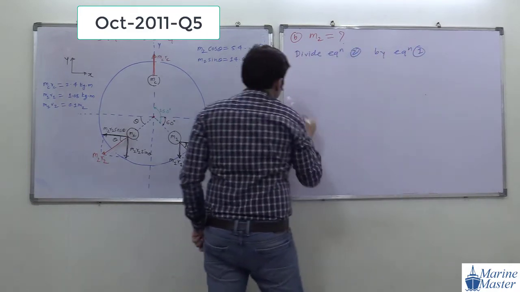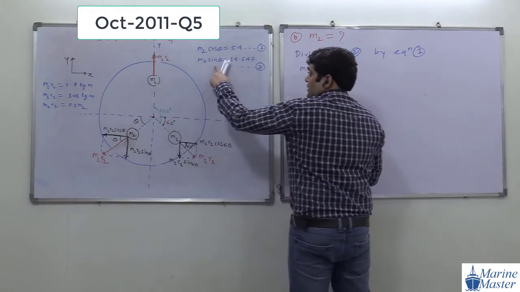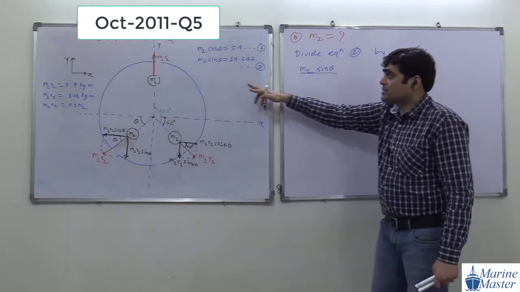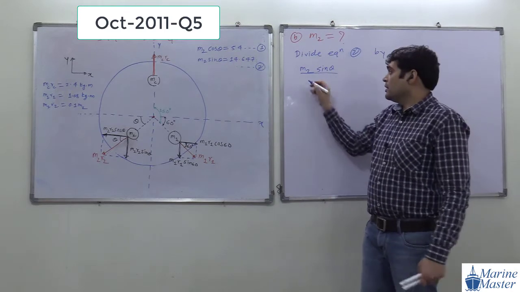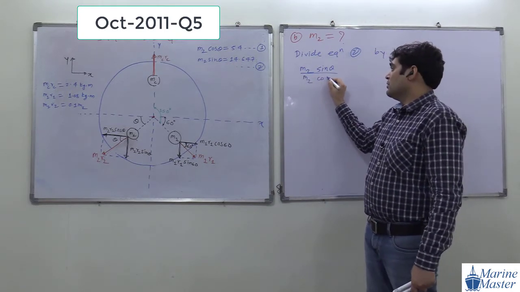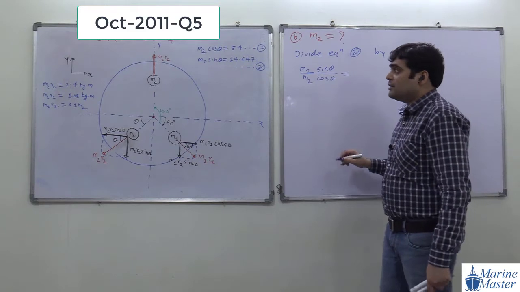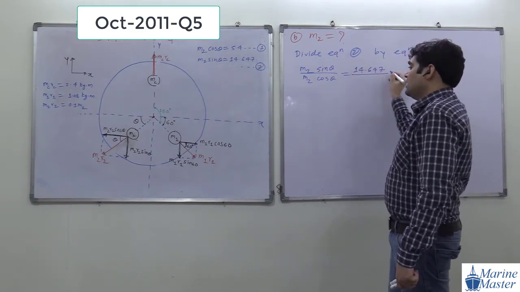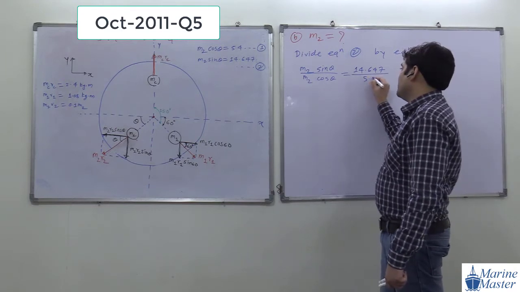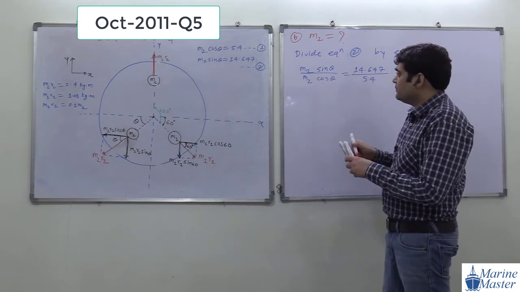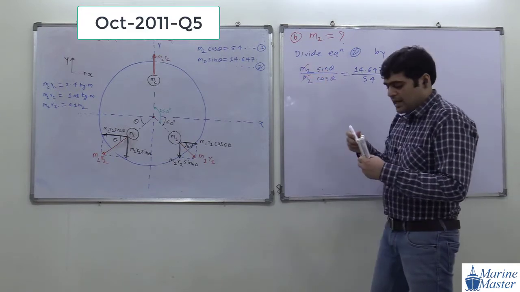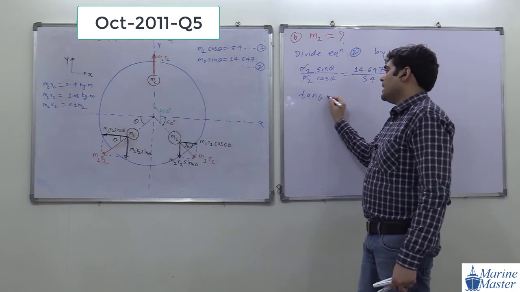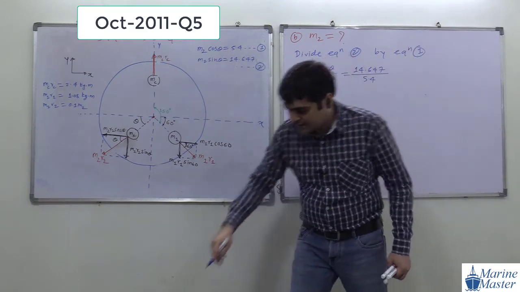Means M2 sin theta divided by M2 cos theta, and that will be equal to 14.647 divided by 5.4. M2 will cancel out, and that will become tan theta.